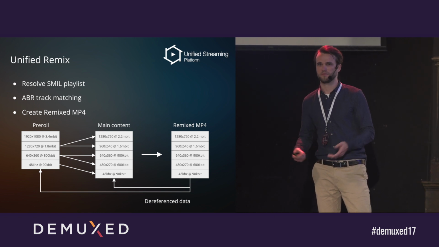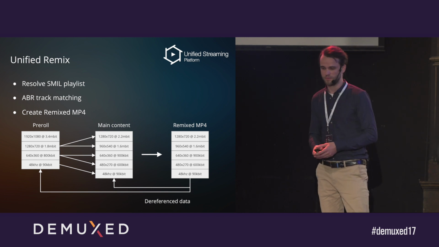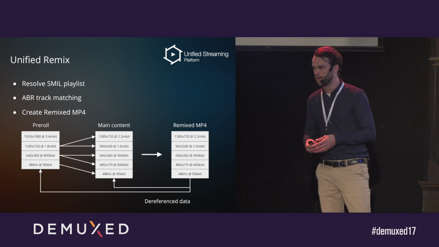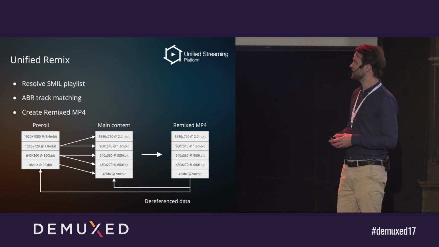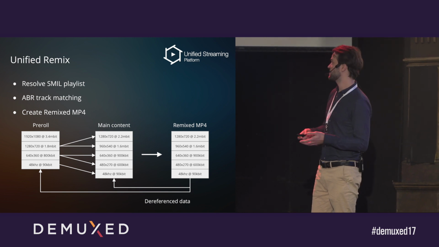You can really write a scientific paper about this using machine learning or whatnot, but we just took a really simple approach. We used a penalty-based system. So we looked at the differences between resolutions, bit rates, aspect ratios, and we compile a kind of penalty list, and whatever has the least amount of penalty, that's the most ideal track to match to.